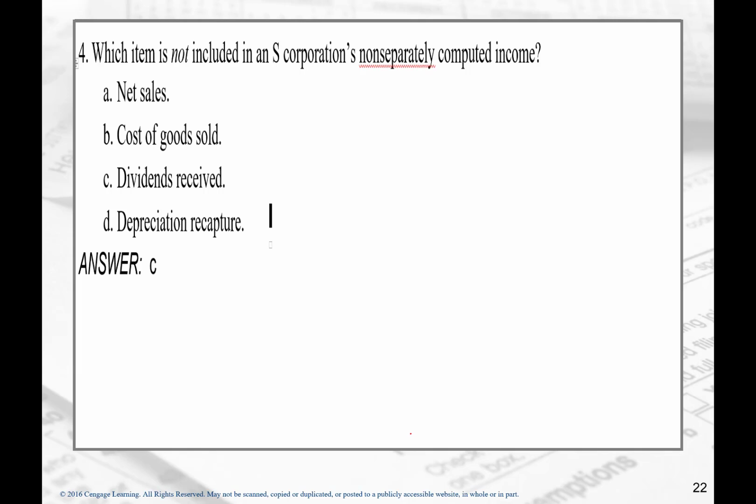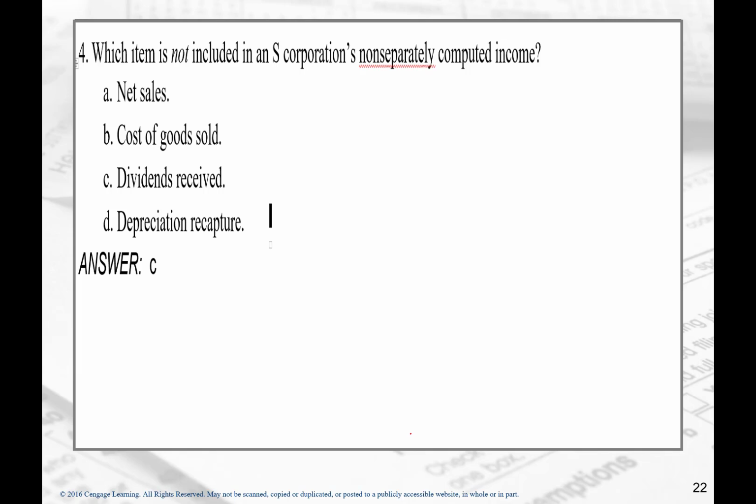non-separately calculated items, right? Dividends received, no, dividend received is dividend income, isn't it? And that's going to be treated separately. The depreciation recapture we talked about is part of the non-separately calculated items.